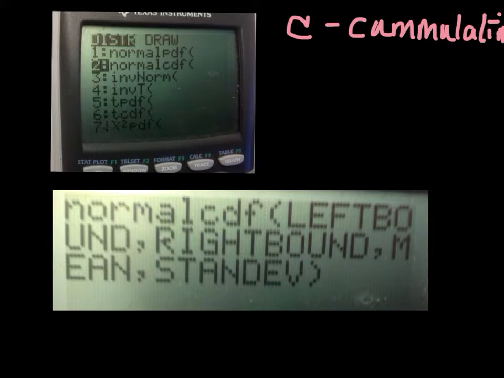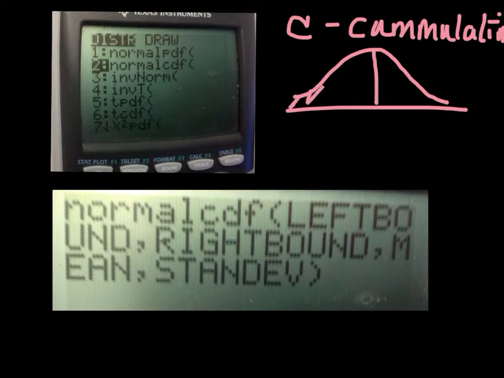Well, the normal CDF is a cumulative distribution. So in the normal curve, it basically adds things all the way up on the left side of the value you're talking about. This is under the distribution window, which is right above the vars key. So second vars gets you distribution, number 2 is normal CDF.